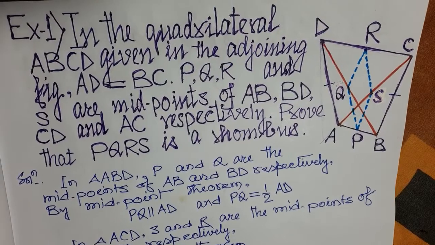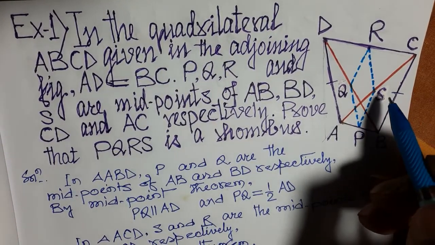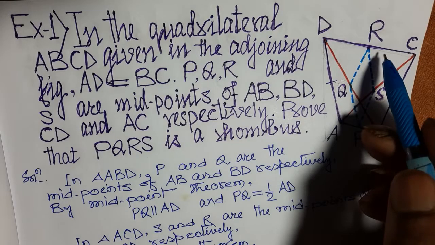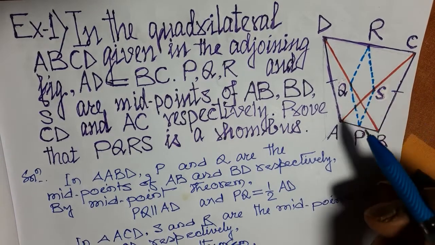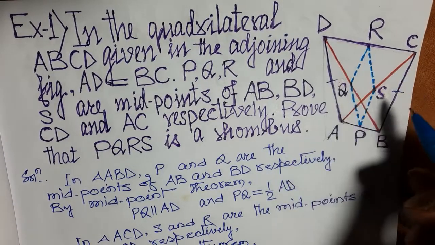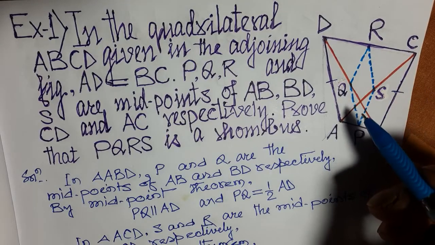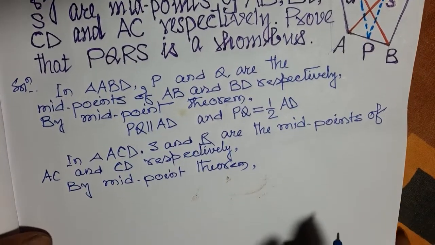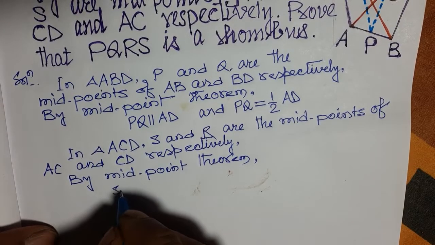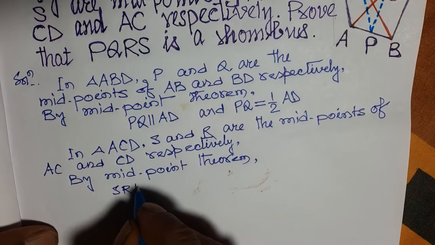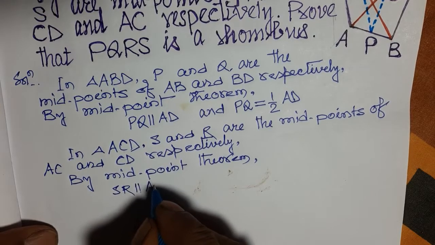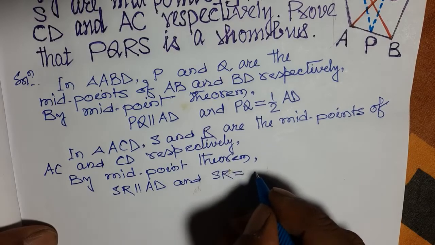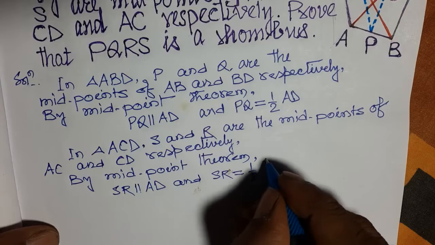By midpoint theorem, SR is parallel to AD and SR is equal to half of AD.